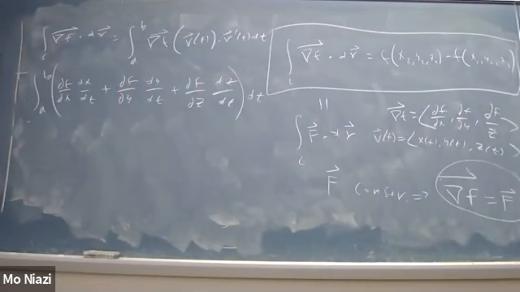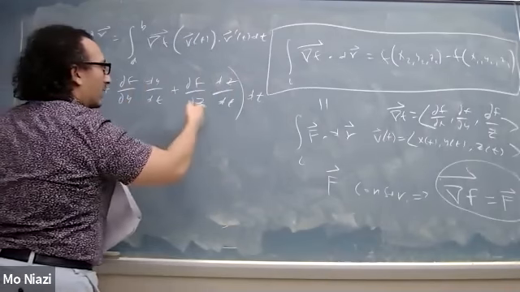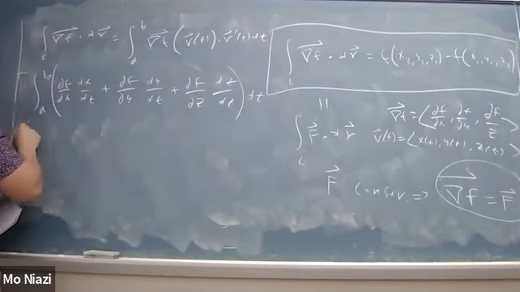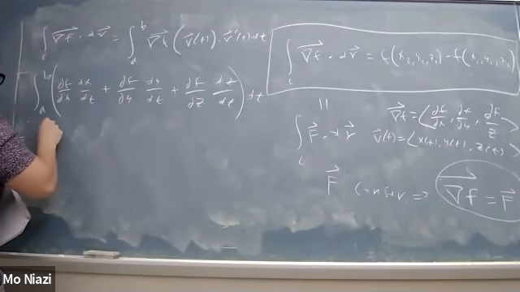This sure does look like some kind of chain rule, does it not? Yeah, matter of fact, we can pull out a dt from the denominator here. So this is the integral from a to b.